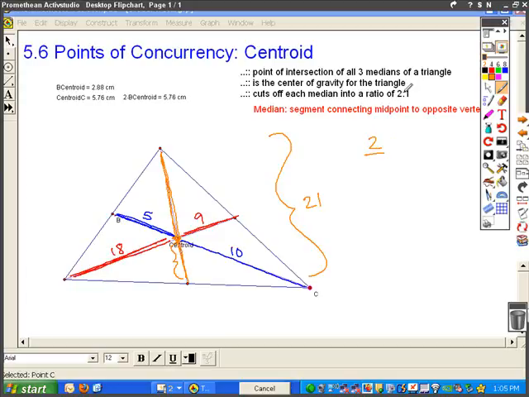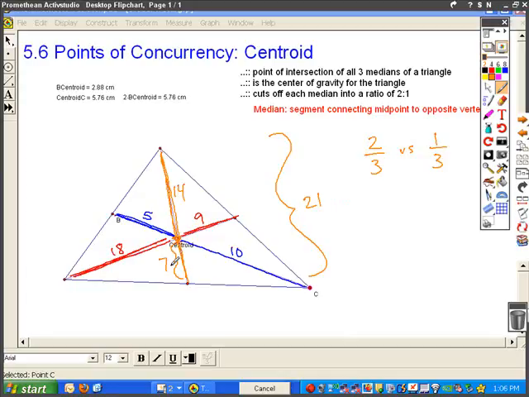The longest part is 2 out of a total of 2 plus 1 or 3 parts, versus the shorter part is 1 out of that total of 3. So what fraction of 21 is this shorter part going to be? It's 1 out of 3, so it's 7, which means this upper part is 2/3 of 21. 2/3 of 21 is 14. 14 is also double 7, so it's consistent with that relationship.